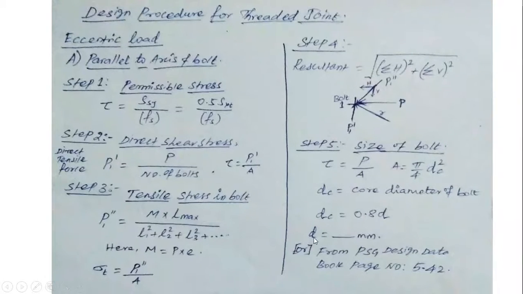Through this equation we find the d value, or from the PSG design data book page number 5.42, where coarse and fine series tables are given. Using that table you will find the d value. This is the simple procedure; using it you can solve the problem easily. Thank you so much.